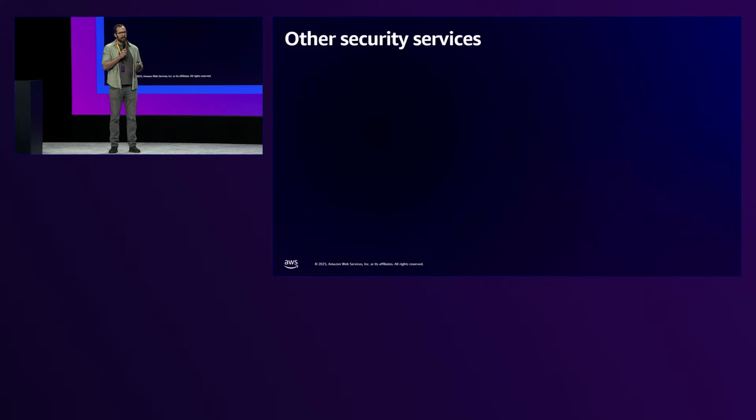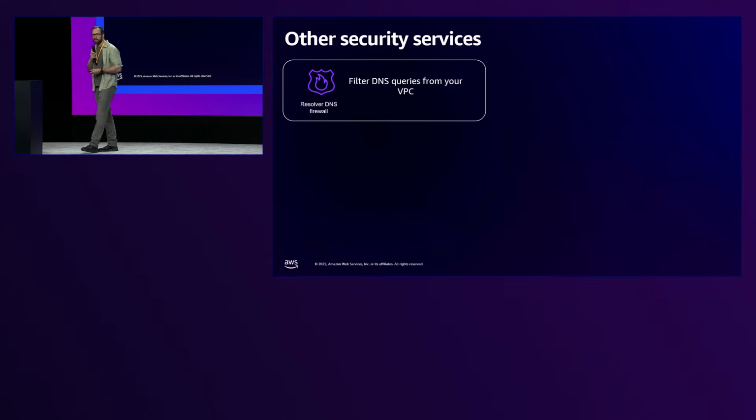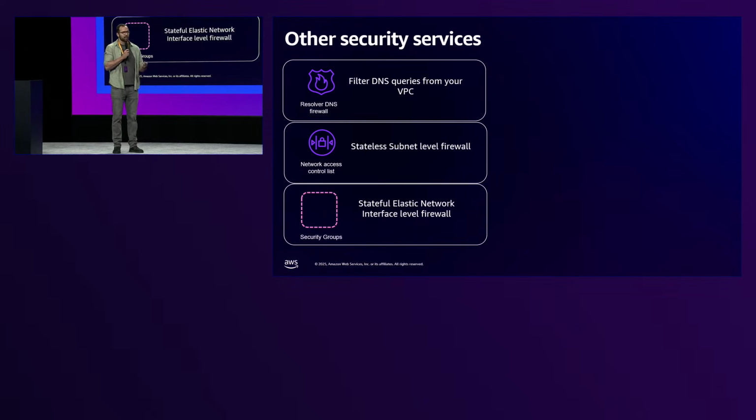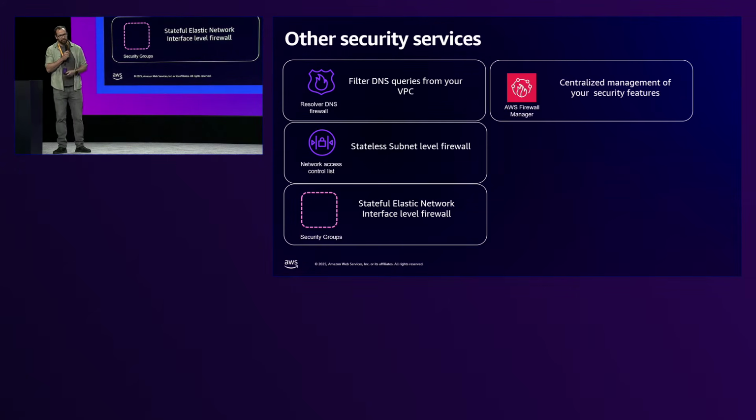So we talked about our firewalls, but there's also a lot of other security services that I'm not going to mention in this session. We have DNS Firewall, where we can filter your DNS queries at the DNS level rather than before even traffic gets sent on the data plane to the final destination. We have our network access control lists and security groups, which are always there and available for you for free inside of the VPC.